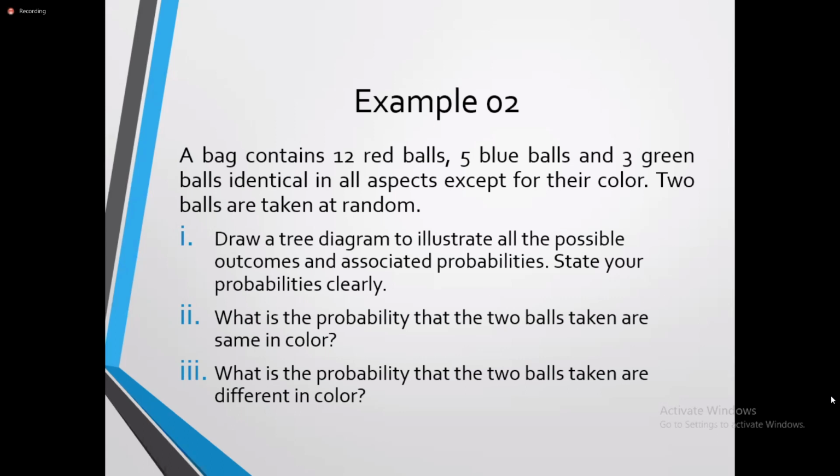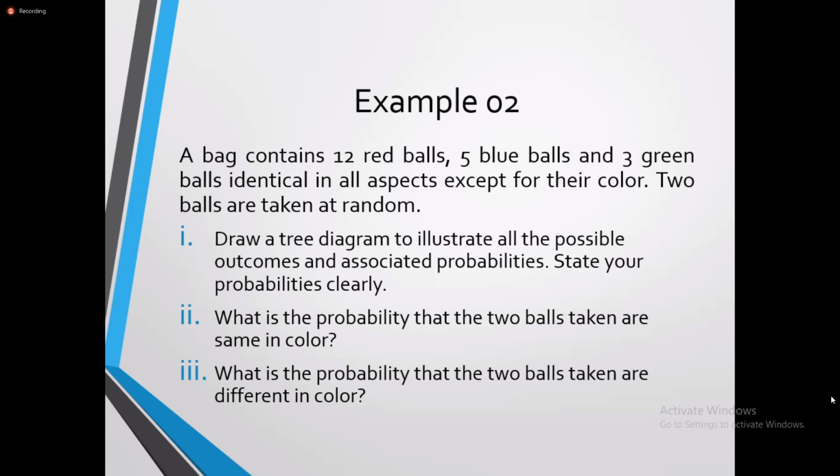We took one card from each box, which means we took two cards from those two boxes. But here we have only one bag. We are taking two balls at once. Now, how can you draw a tree diagram for the situation of taking two balls at once?